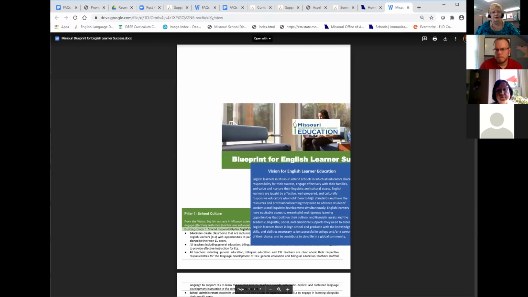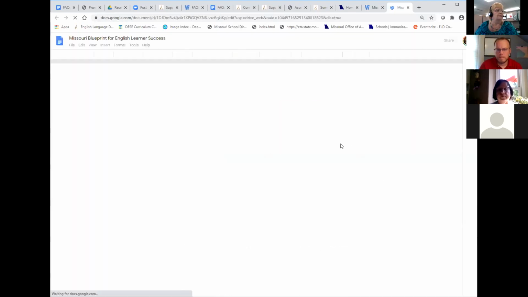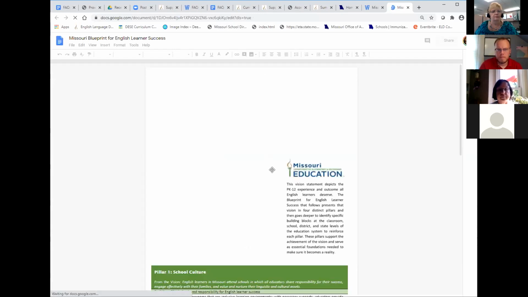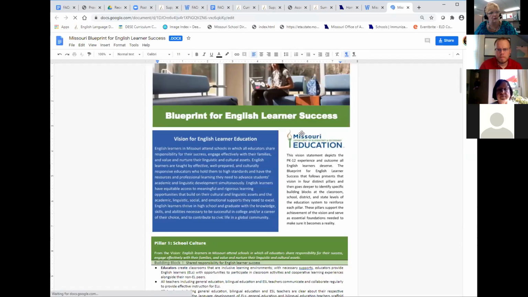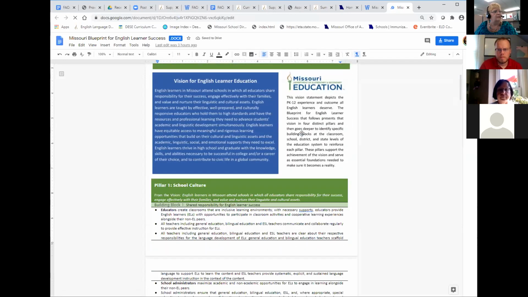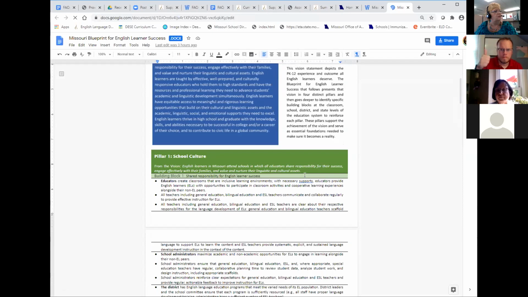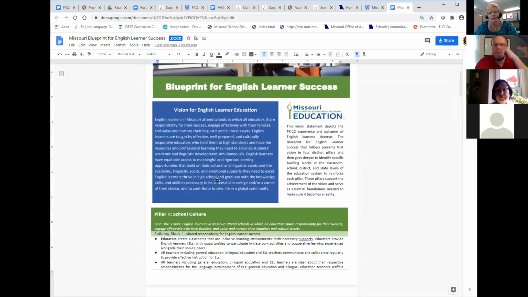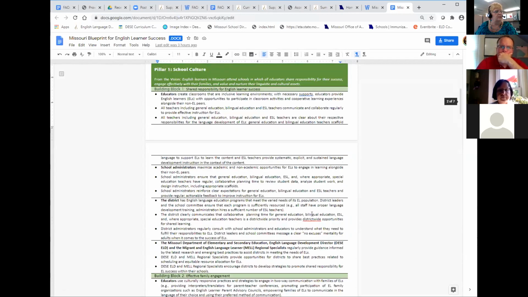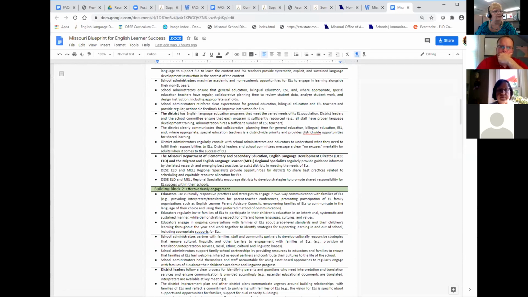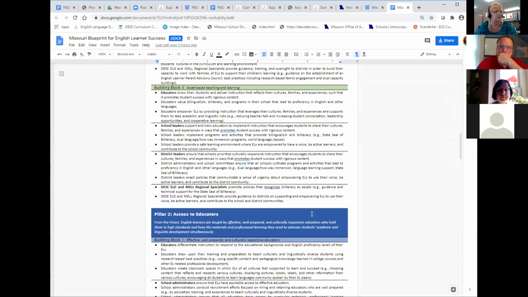So let me, are you seeing, oh, open with Google Docs. So are you seeing this blueprint for English learner success? This is just going over the vision for our state for English learners. American brought this to my attention from another state, and we adapted it to fit Missouri.